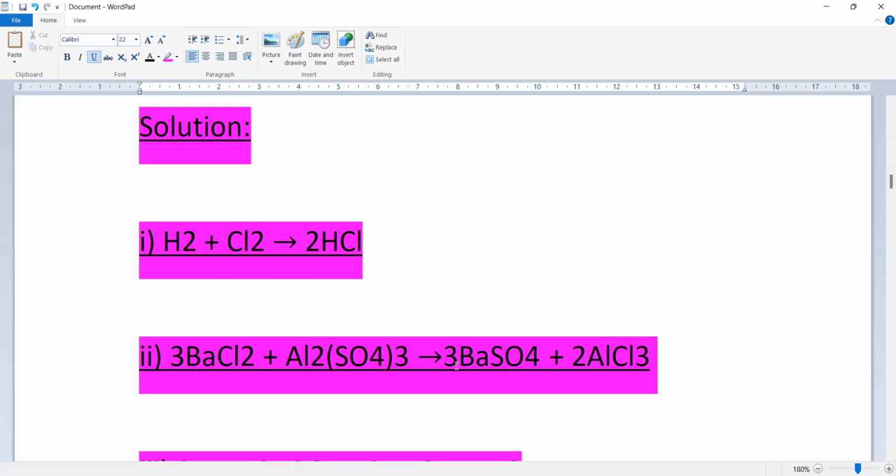If you write 3, Ba becomes 3 times, therefore write 3 here. And Cl becomes 6 times, so for Cl3 we write 2, giving 6 times. And Al becomes 2 times, and the reaction is balanced. This is the answer to the second question.